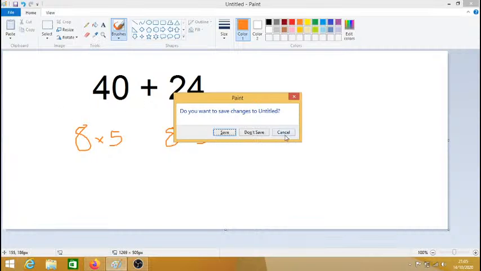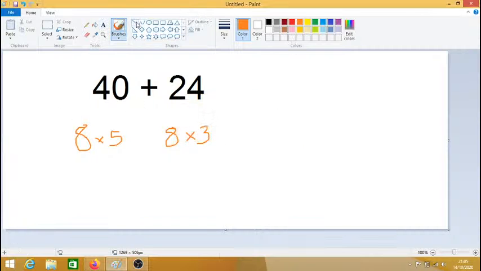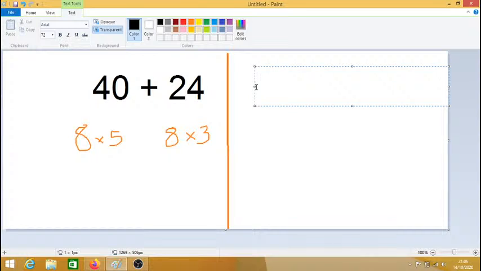Try another pair. Let's go with 35 and 50.